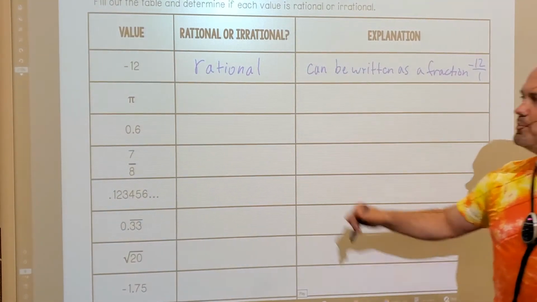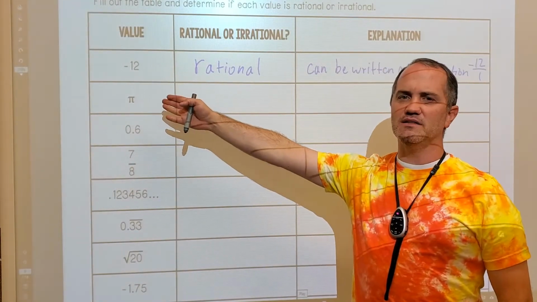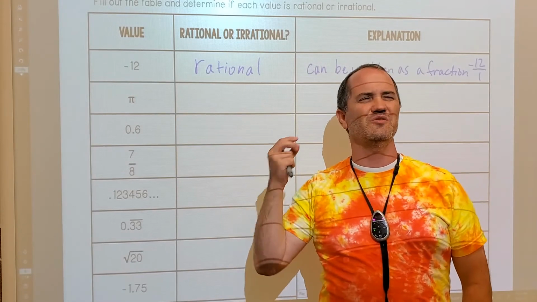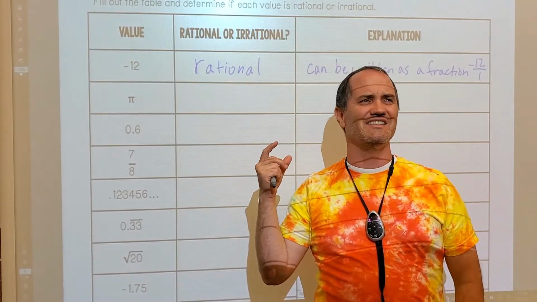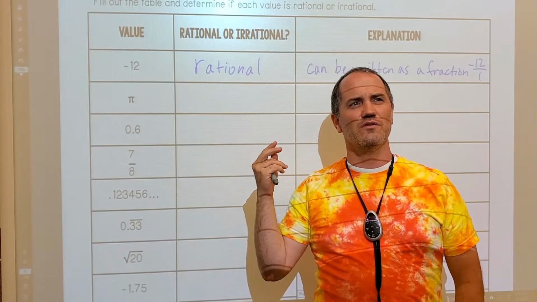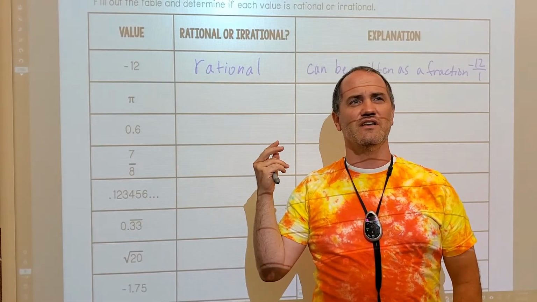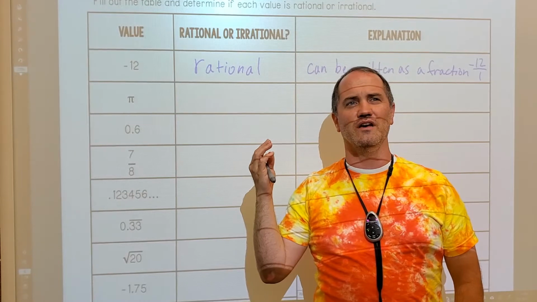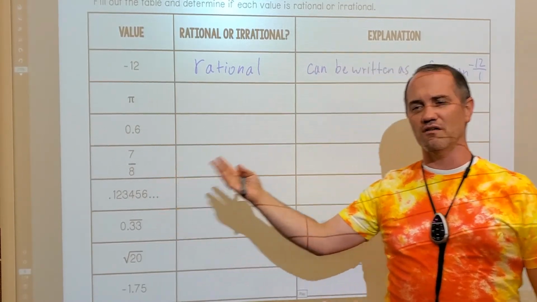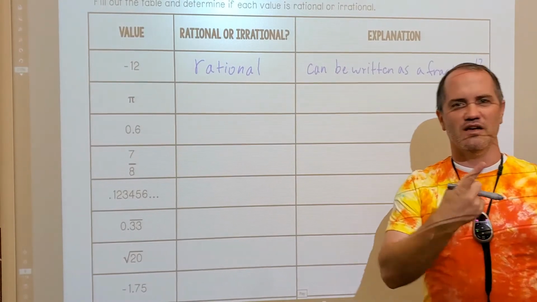Pi, if we look at pi as a decimal, it is 3.14159265358979323846, etc., etc. I just have a poster on the back.